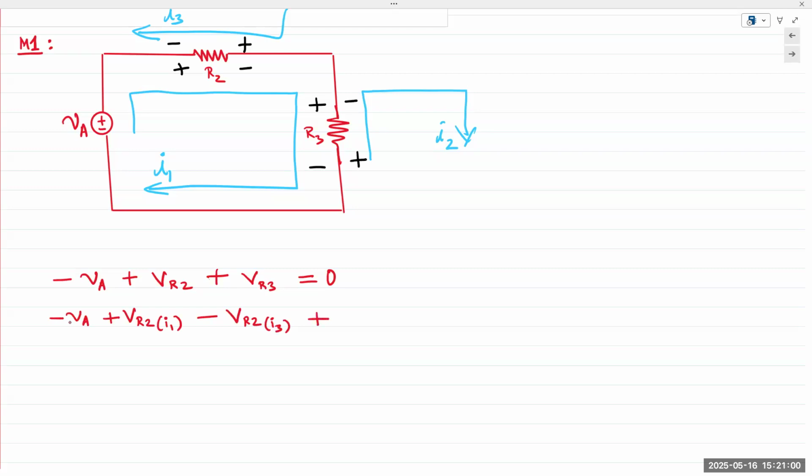VR3 again has two voltage drops, so it'd be VR3 due to I1 minus VR3 due to I2. And this would be equal to 0.